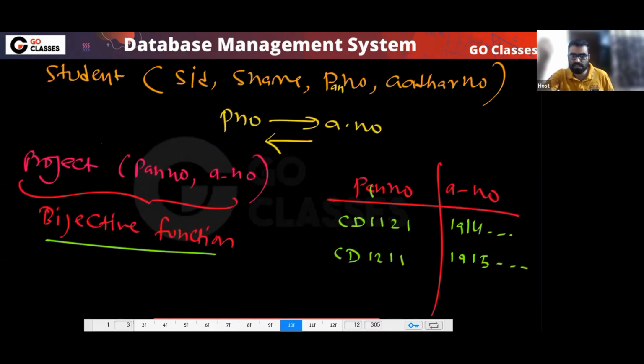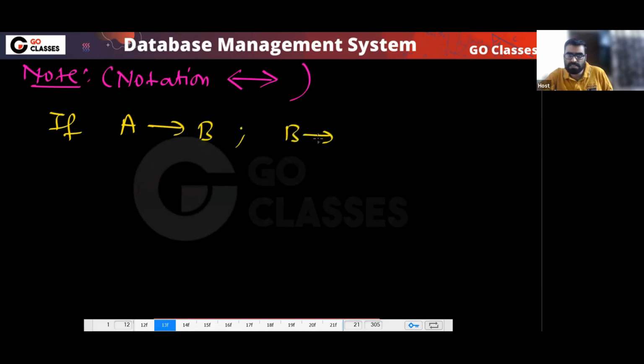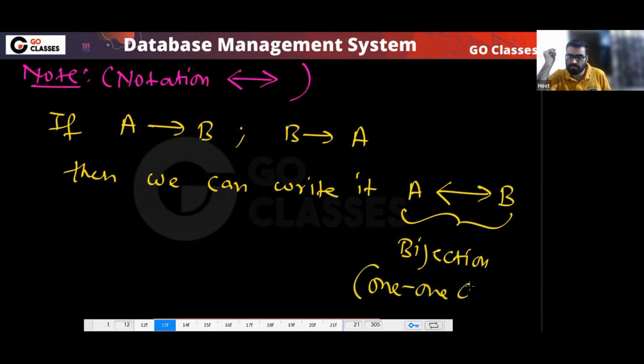What does it mean? If A implies B and B implies A, meaning A determines B and B determines A, then we can write it with this symbol. So this is a bijection, or you can call it one-to-one correspondence.